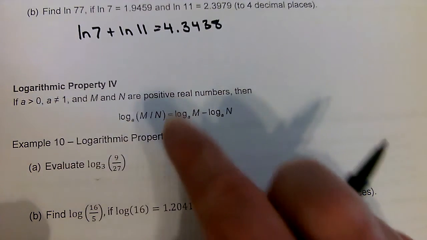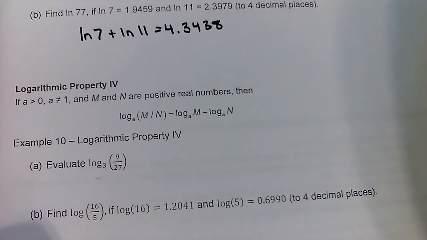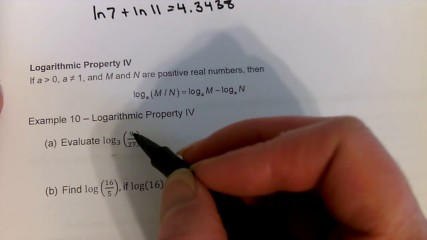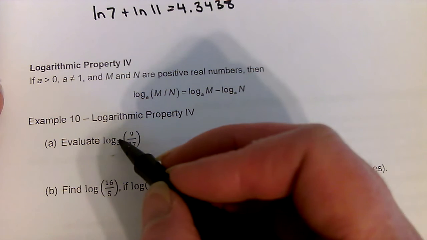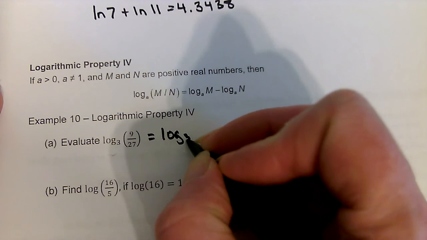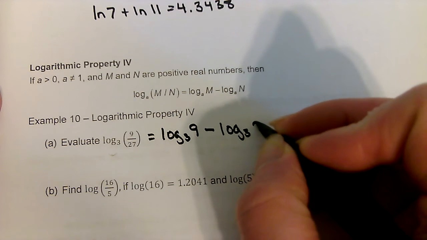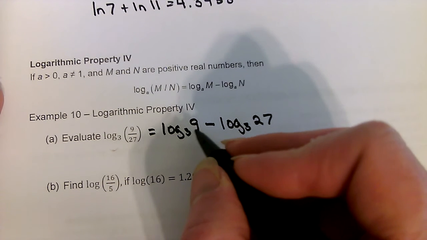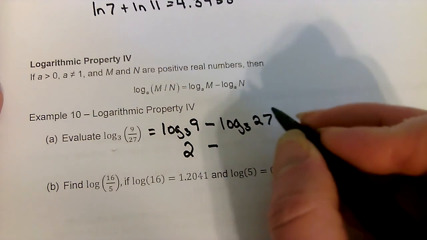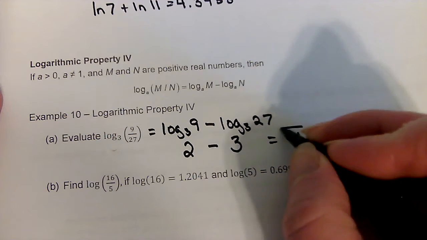We can also do kind of the opposite with division. If two things are being divided, they can separate using subtraction. So instead of figuring out what 9 divided by 27 is, I know what log base 3 of 9 is, minus log base 3 of 27. So log base 3 of 9, 3 squared is 9, so that's a 2. 3 cubed is 27, so I end up getting -1.